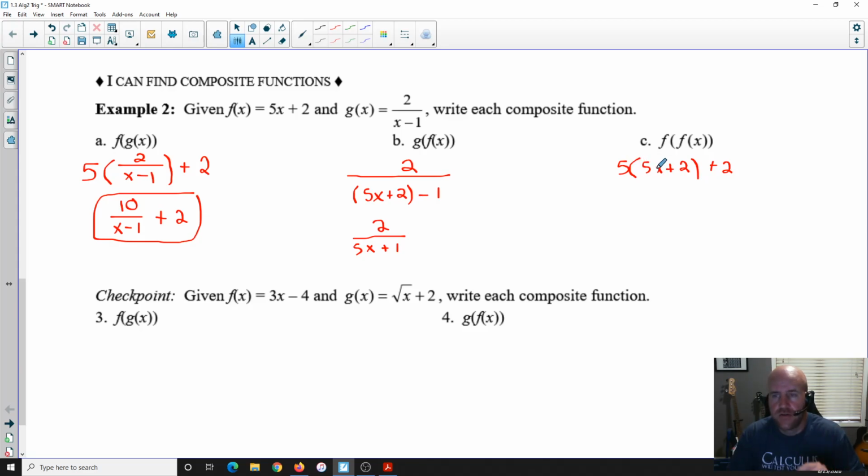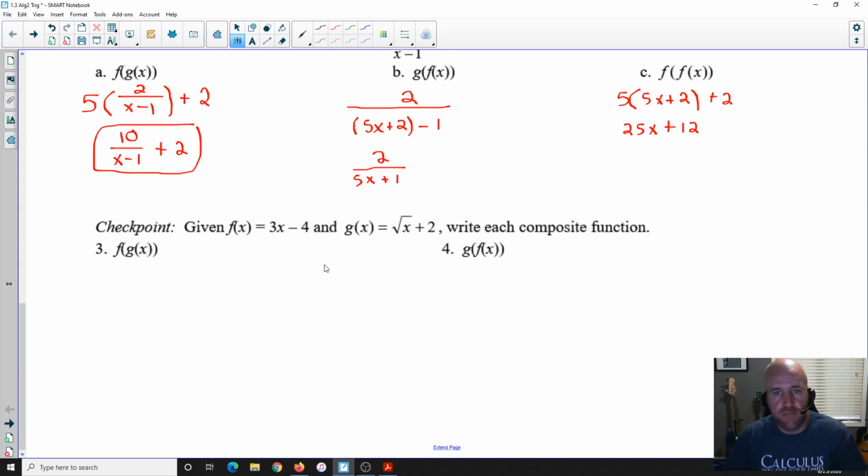Distribute the 5 in. So 5 times 5x would be 25x. 5 times 2, it's 10. And then plus the 2, that would give us 12. So 25x plus 12 is the final. So here's your checkpoints. Go ahead and pause. Make sure you're doing it right.